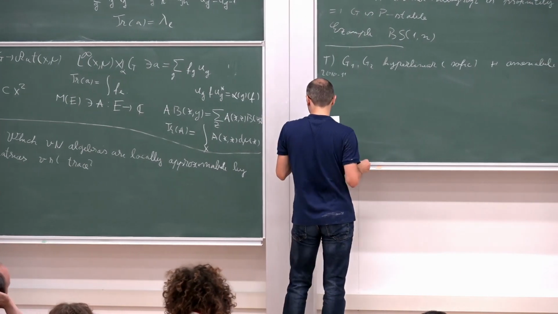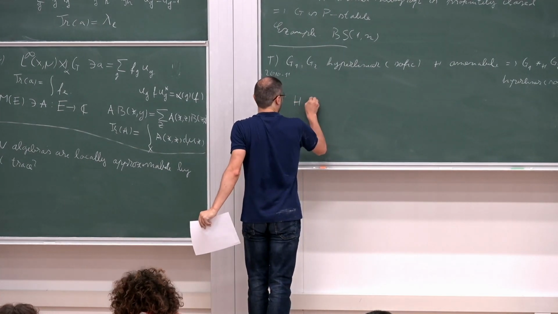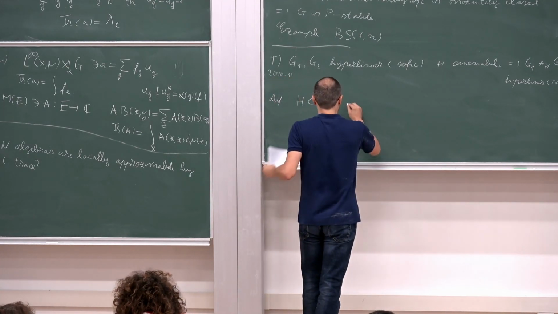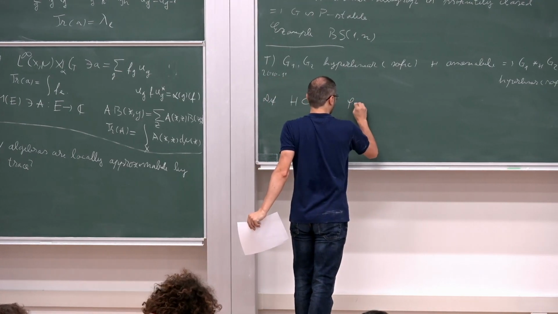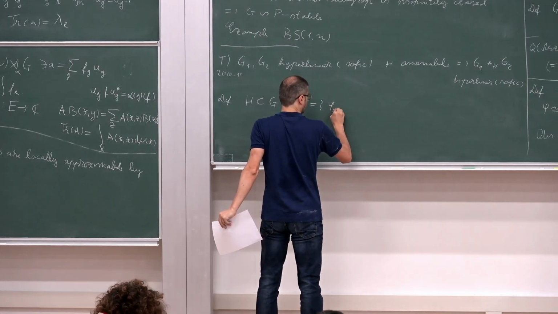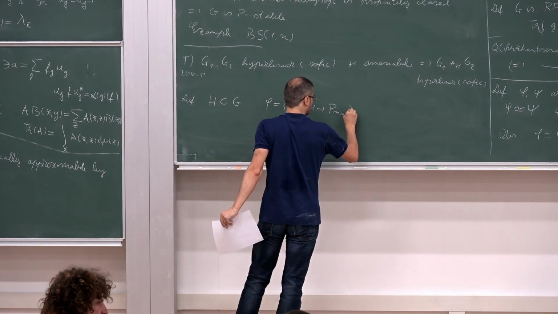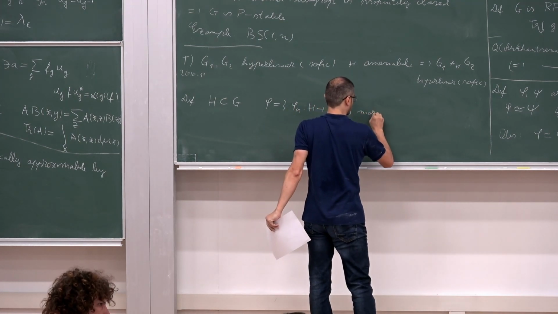The definition: I'm taking a pair of groups, so H a subgroup in G, and I'm taking a morphism into permutations, phi from H to P_k. So this is morphisms.